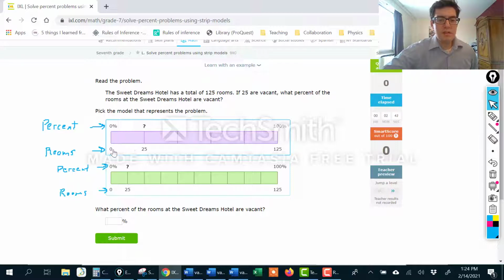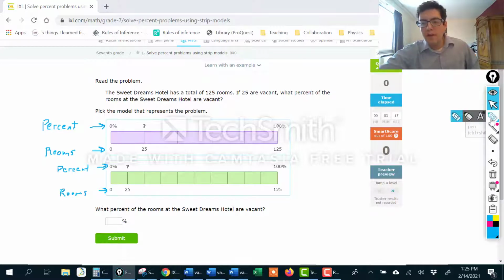Notice that from 0 to 125, it looks like this has been broken into 1, 2, 3, 4, 5 pieces, with 25 being at the end of that first piece there. And down here, the number of rooms from 0 to 125 has been broken up into 1, 2, 3, 4, 5, 6, 7, 8, 9, 10 pieces, with 25 being at the end of that first piece.